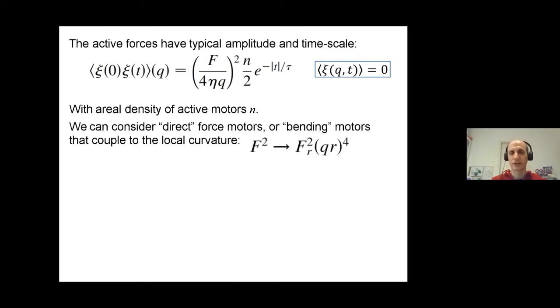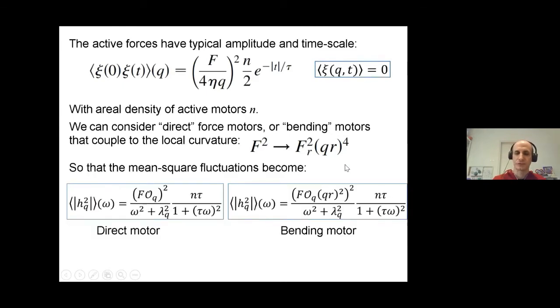We can consider direct force motors, just like is written here, where the force is just immediately pushing on the membrane, or we can think of forces that are actually bending locally, and they have to couple to the local curvature, and since the local curvature is the second derivative times some spontaneous radius of curvature, we get this additional q to the 4 if we plug it into this f squared term over here. So from either direct motor activity or bending motor activity, we get these new expressions.